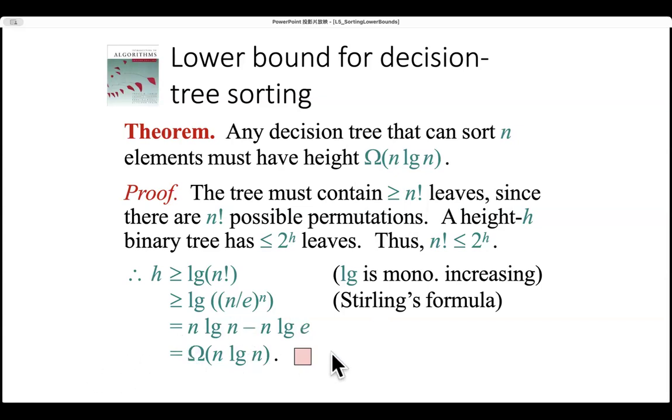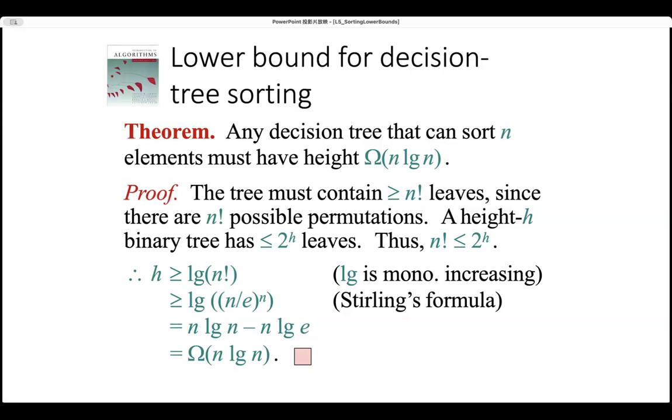So the binary tree of height h must have smaller or equal to 2 to the power of h leaves. This is something we learned from your data structure class. I hope you have learned that.